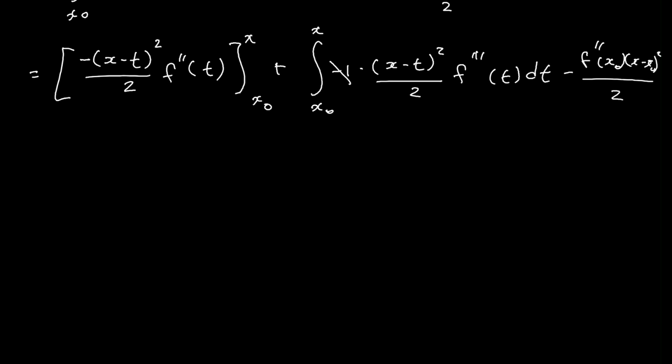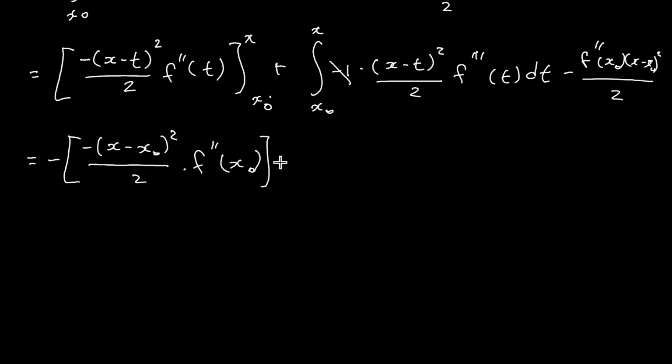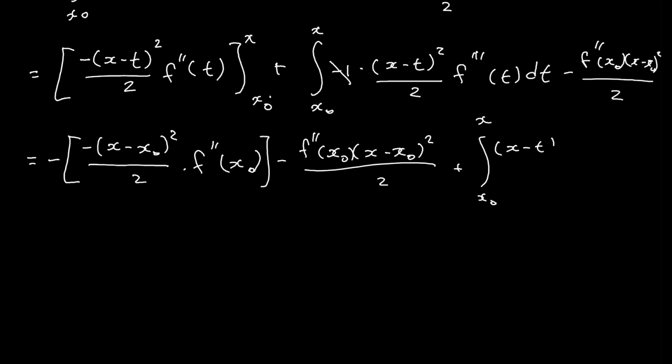Anyways, I can just cancel out the negative 1 and add the integral instead, and then let's just solve for this bracketed stuff. So, when you plug in x, it's just going to be x minus x squared, so that's just going to be 0 squared, so this entire thing is going to be 0. You plug in x naught into your value, so negative x minus x naught squared over 2 times the double derivative of f at x naught. And then I'm just going to rearrange this, so minus f double prime of x naught times x minus x naught squared all over 2, and then just plus that integral, from x naught to x of x minus t squared over 2 times f triple prime of t dt.